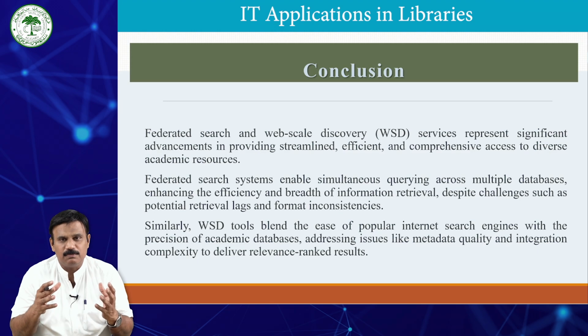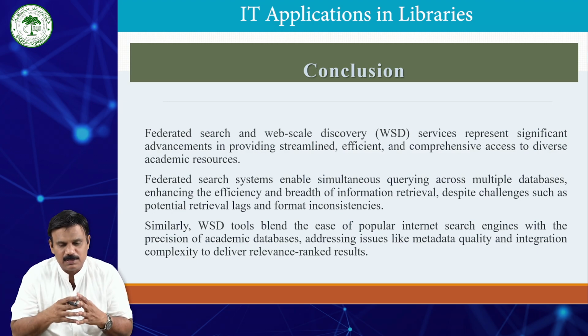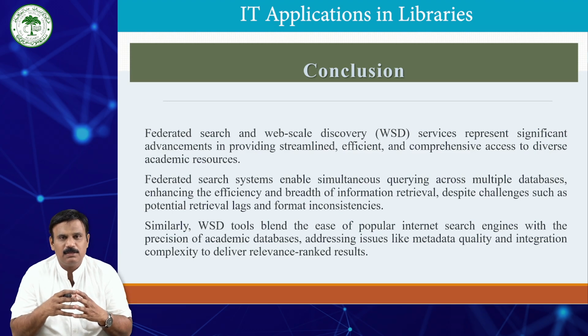Both federated search and web scale discovery tools allow users to search multiple academic resources using a single interface, but they differ in several ways. Federated search sends queries to multiple databases and waits for the results to return.